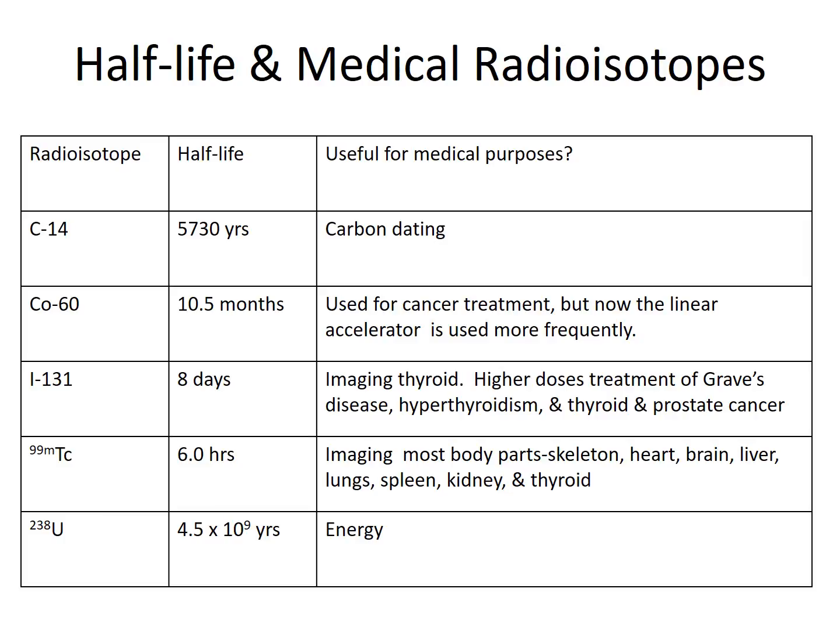If somebody has Graves' disease, which causes hyperthyroidism, in other words, the thyroid is overactive and giving off too much hormone, which can cause some bad symptoms, you might actually want to slow down the thyroid by giving somebody some radioactive iodine.